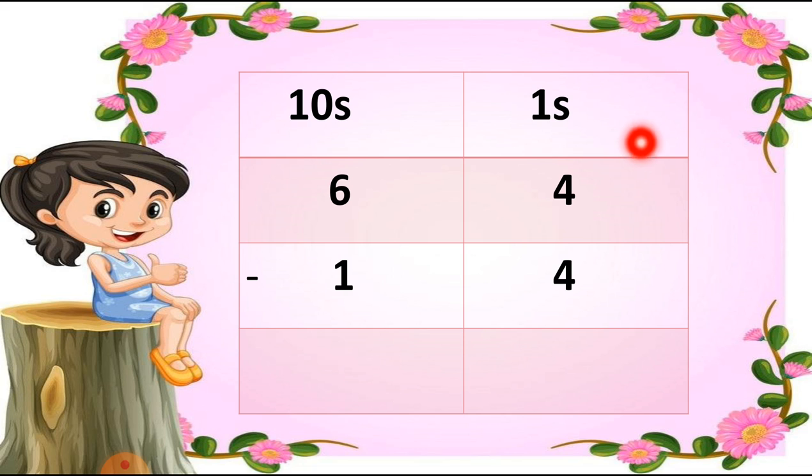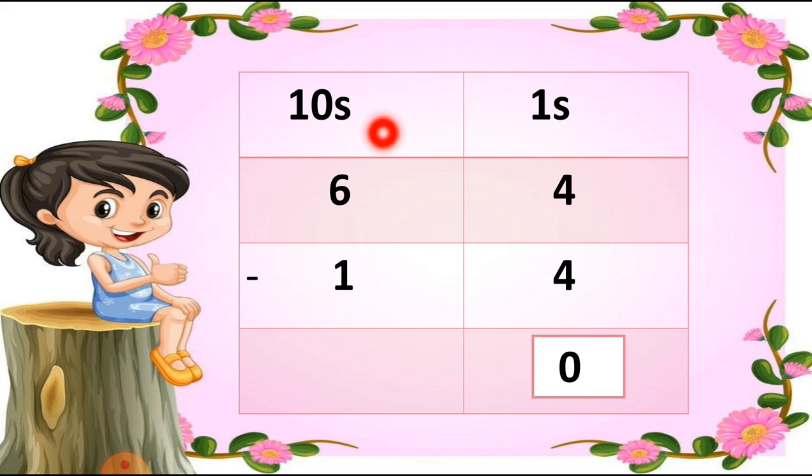Next one, always start subtracting with the ones column. So here is the ones column, 4 minus 4. So you have to cut all the things. So 4 minus 4 is equal to 0. So write down number 0 under the ones column.